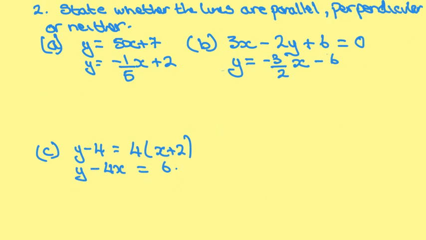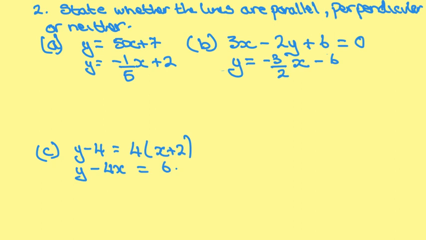Question 2. State whether the lines are parallel, perpendicular, or neither. In order to do these, we need to compare the gradients, so they need to be written in the form y equals mx plus c. A, y equals 5x plus 7 and y equals minus 1/5 x plus 2.